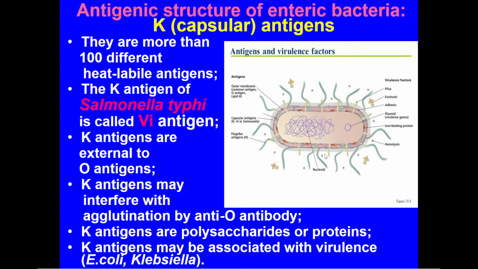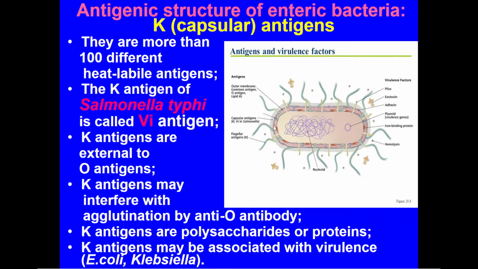And sometimes it may be a microcapsule, a very thin one. The example is given for Salmonella typhi that has the so-called Vi antigen. It is a very thin layer, but this layer prevents phagocytosis of these bacteria, so that's why it is very important.